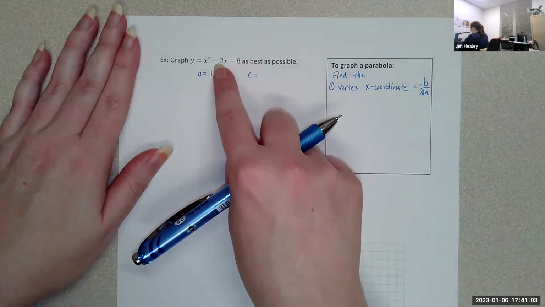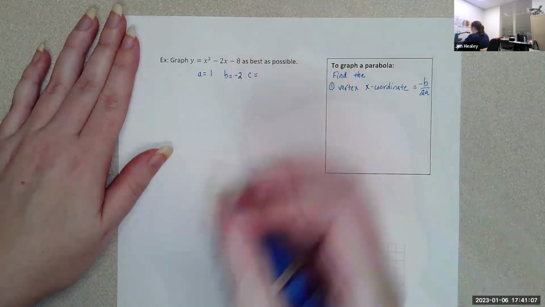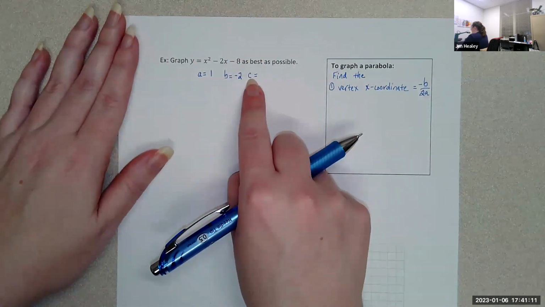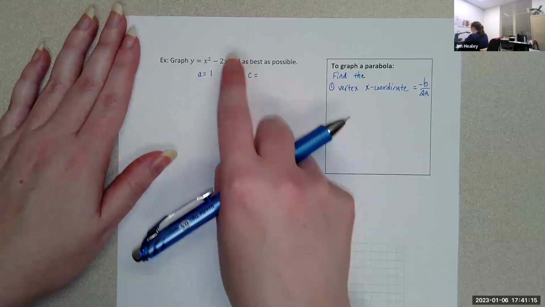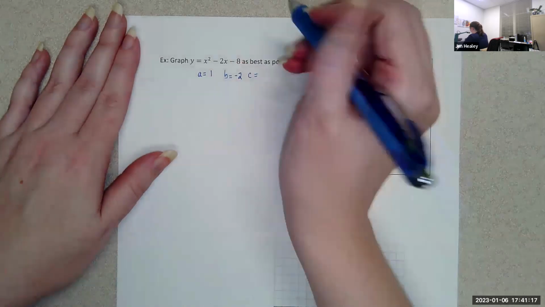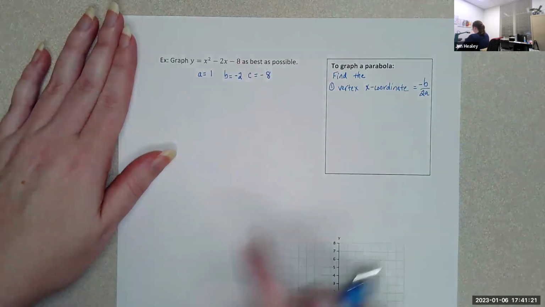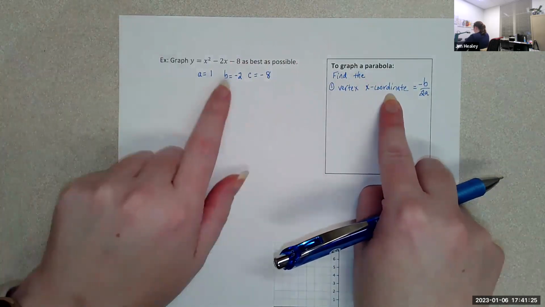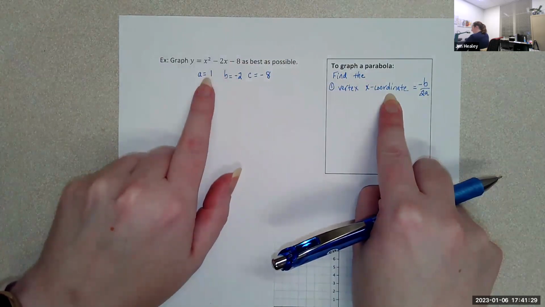And so in this case, we have a -2. So we need to include the sign. And then the C is always our constant, which is convenient that the letter C goes along with constant. Constant is the number that doesn't have any variables on it. So at the end here, we've got the constant -8. So again, the signs matter for this. And so to find the vertex x coordinate, we're going to do -b over 2 times this A value.